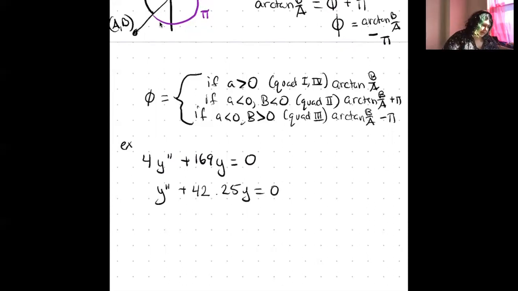So in this case, we know first that omega naught is the square root of 42.25, and that's going to be 6.5.